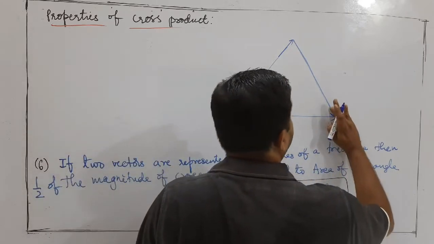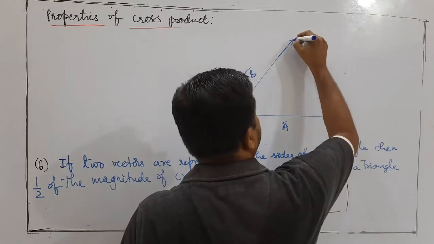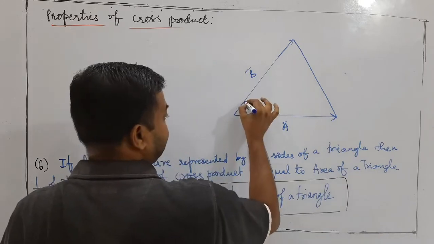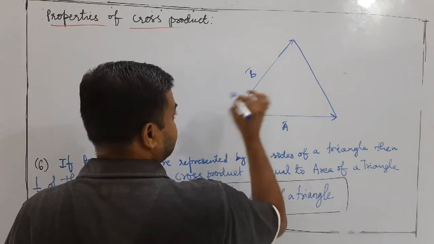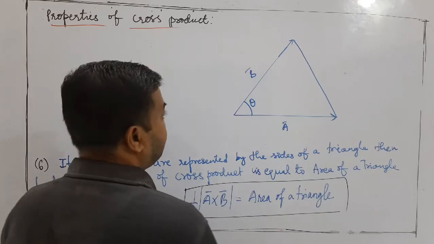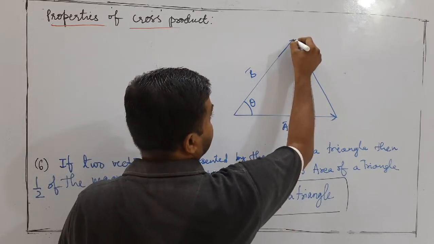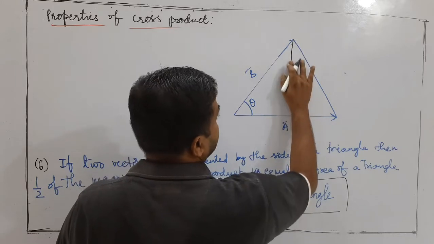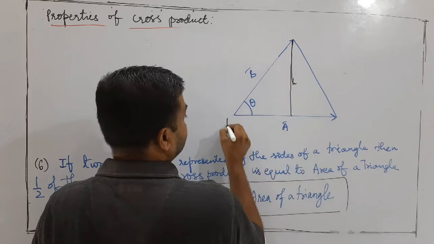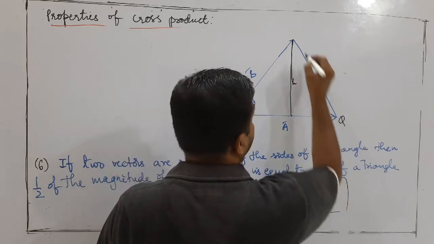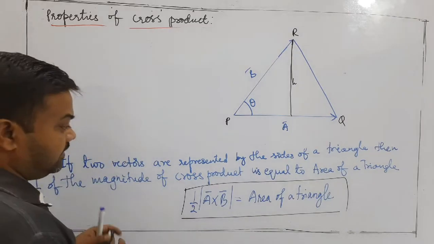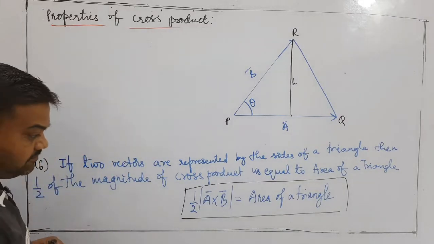These two are sides of a triangle, and this angle is theta, and here we have height, this one we consider as h, and I will give some names, PQR. Now I will write the value.